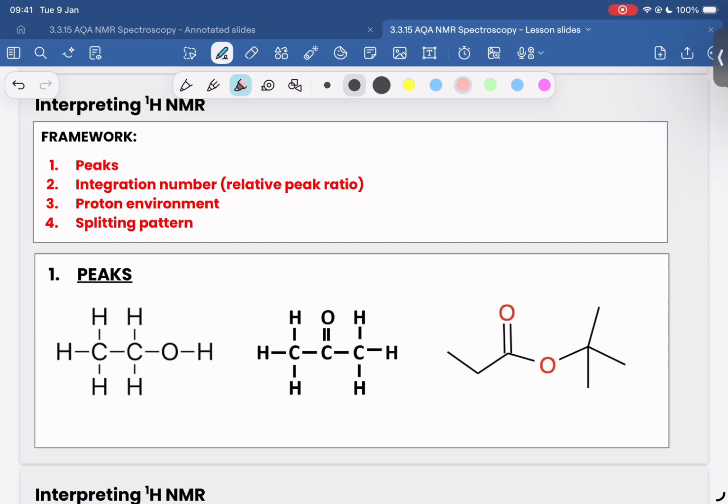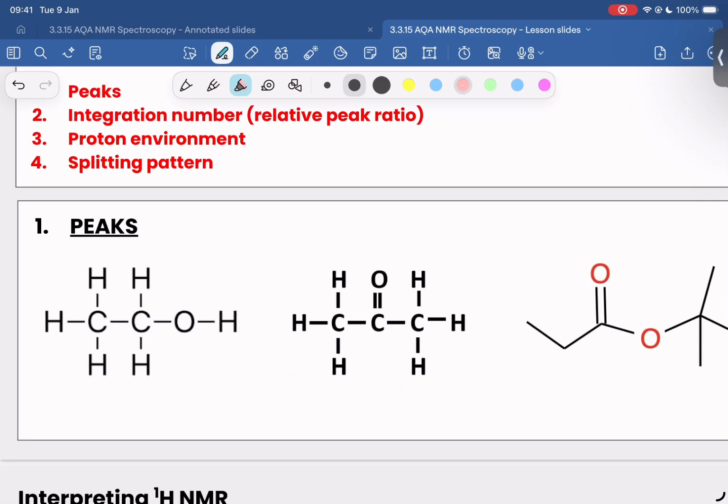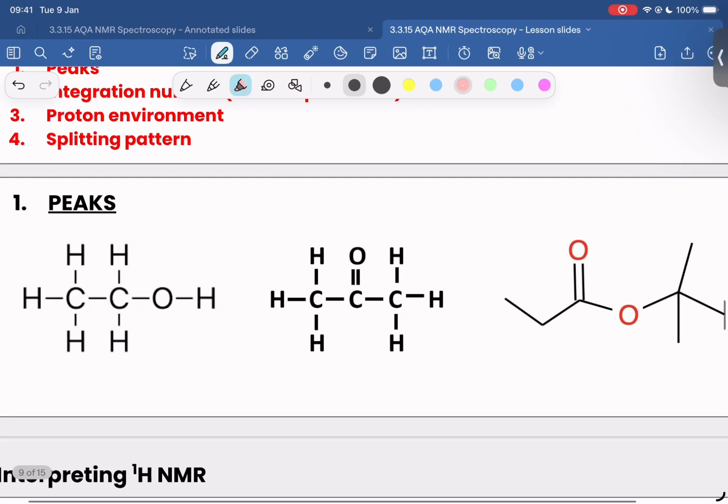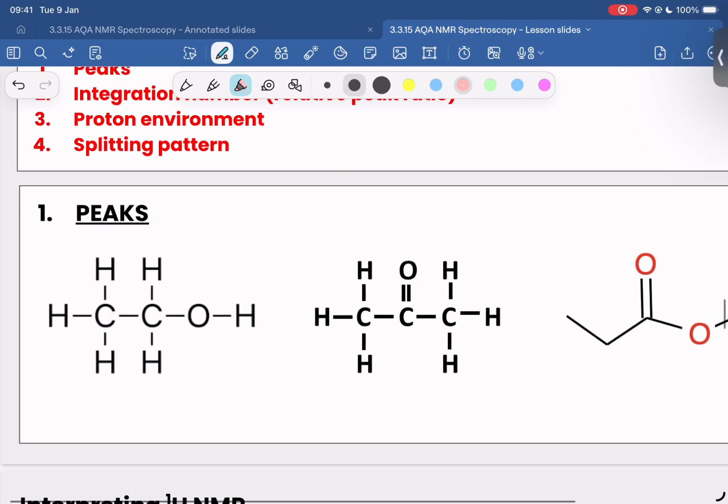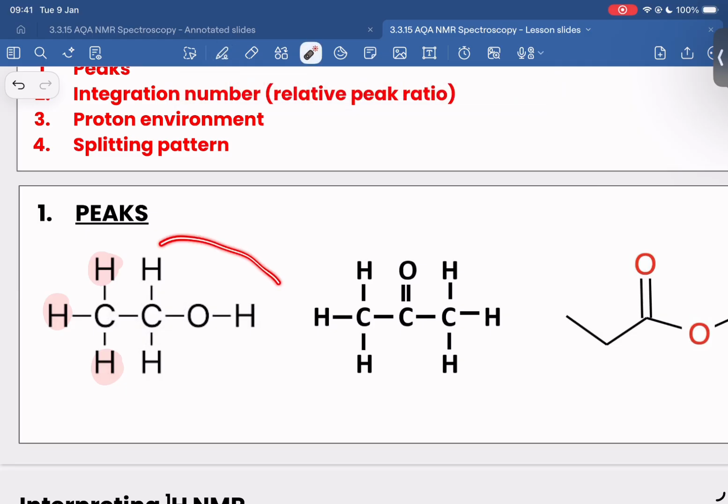So, peaks. Now we're going to look at protons rather than the carbon atoms. And it's exactly the same process. We're looking at the protons which are adjacent to the environment you're looking at. So, the first proton environment you can see here are these 3 hydrogen atoms. These 3 hydrogens are attached to the same carbon, and they're also attached to the same adjacent atoms.